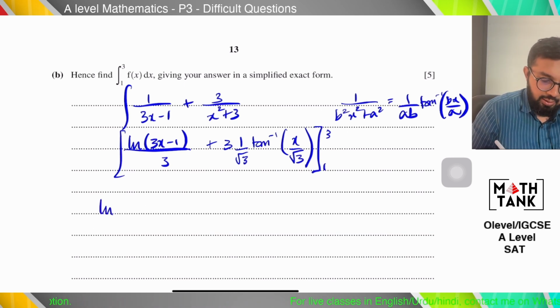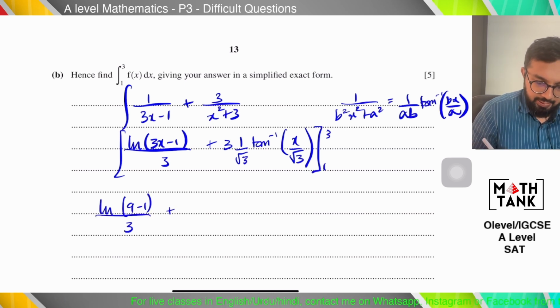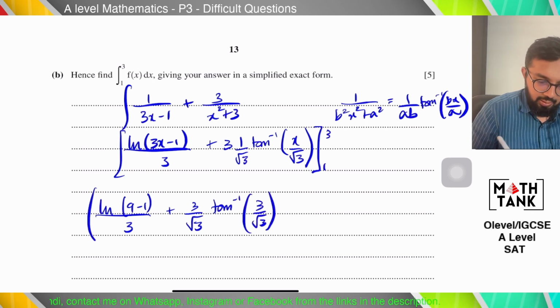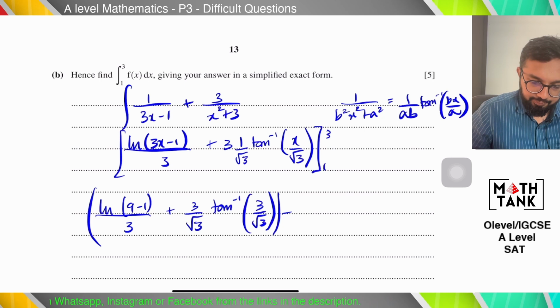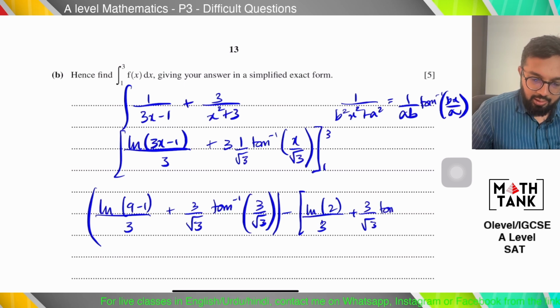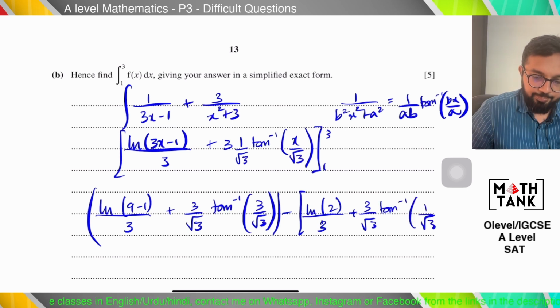So ln 9 minus 1 divided by 3 plus 3 over root 3 tan inverse of 3 over root 3, minus ln 2 over 1 over 3 plus 3 over root 3 tan inverse of 1 over root 3.